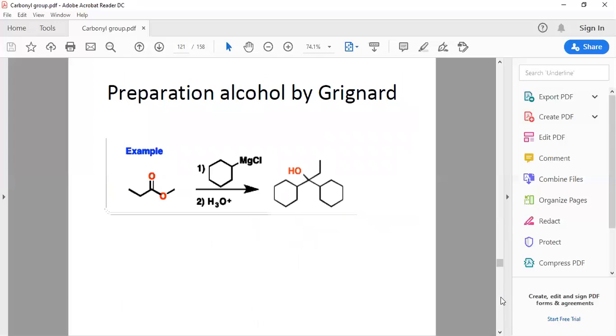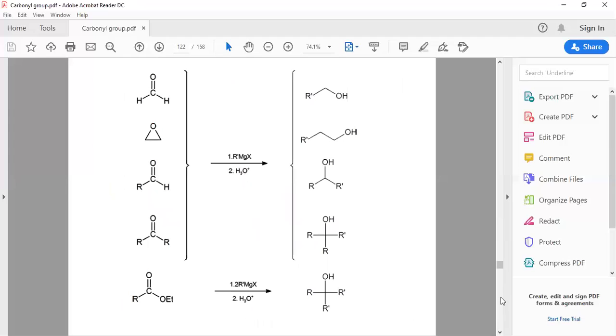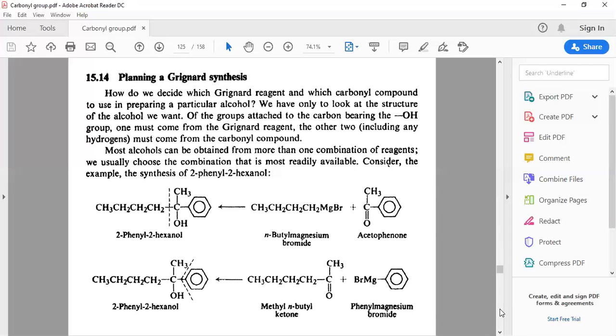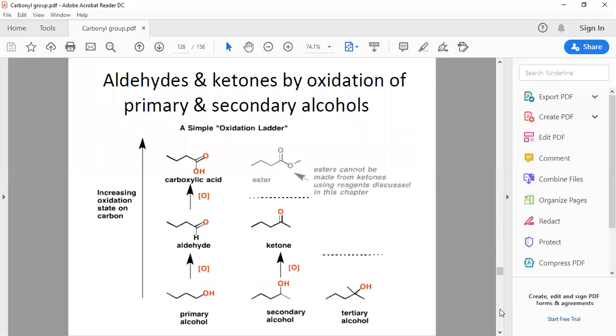So next reaction we are going to discuss over here is oxidation reaction. Aldehydes and ketones form by oxidation of primary and secondary alcohol. If you take the primary alcohol, it is oxidized first to aldehyde, and then it is further oxidized to carboxylic acid.